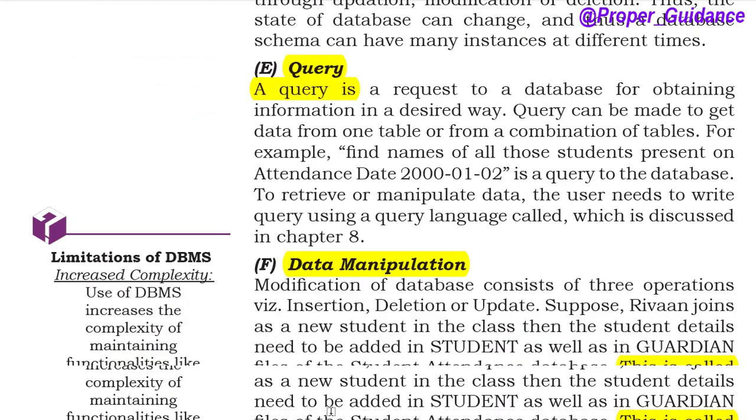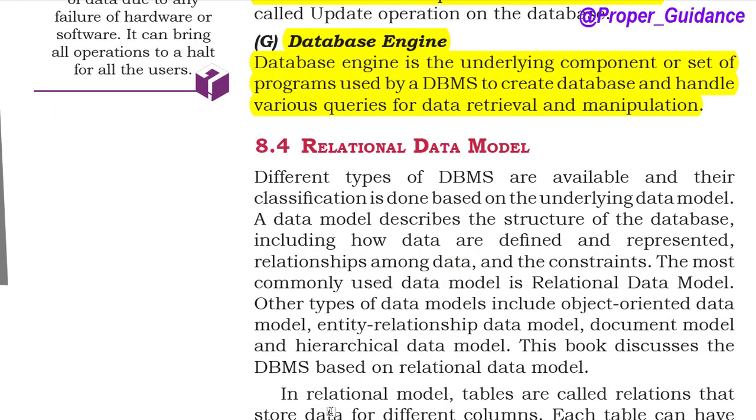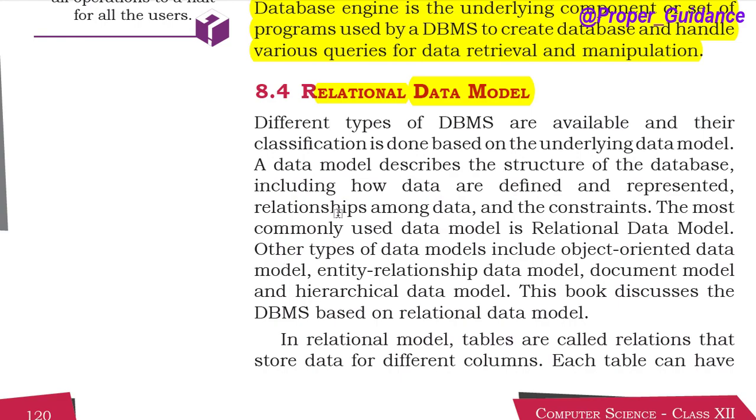Now we will discuss the relational data model. Different types of DBMS are available and their classification is done based on the underlying data model. A data model describes the structure of the database, including how data is defined and represented, relationships among data, and the constraints.